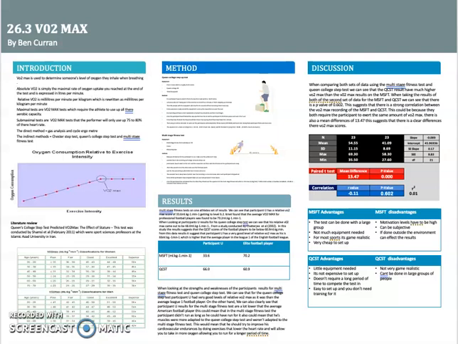Maximal tests are VO2 max tests which require the athlete to use up all their aerobic capacity. This refers to the maximal amount of oxygen that an individual can utilize during intense or maximal exercise.